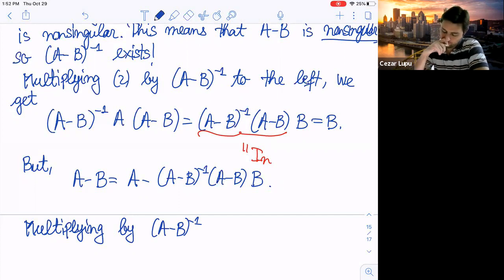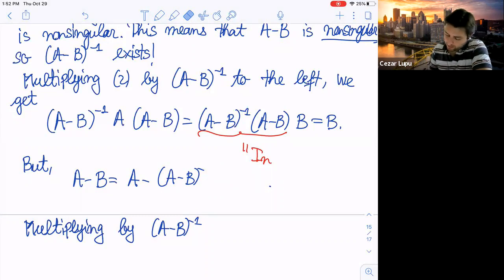Let me see. I think I've done something wrong here. I wrote this wrong. It's B. Made a mistake here. So this is A minus B inverse times A minus B, and now it's clear.